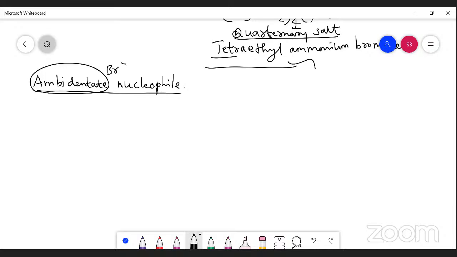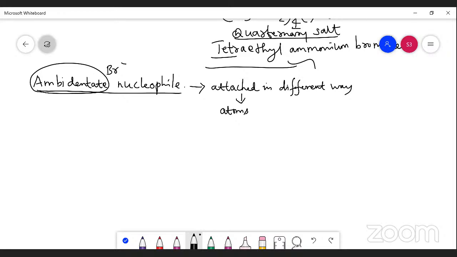A nucleophile is going to be attached in a different way. What different way means? It differs in the attachment of atoms. Differs in the attachment of atoms.